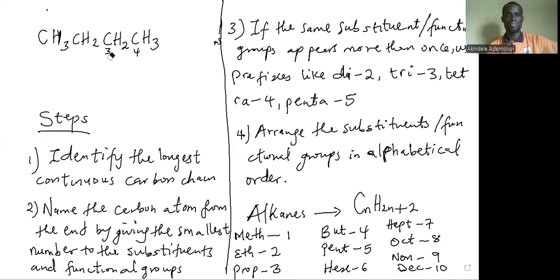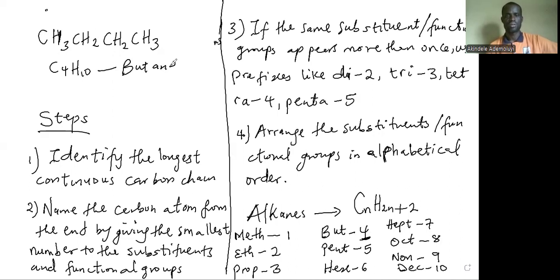How many hydrogens? 3 plus 2 is 5, 5 plus 2 is 7, 7 plus 3 is 10. So we have C4H10. That should be butane. Butane has 4 carbons, so the parent name is but. That is butane.